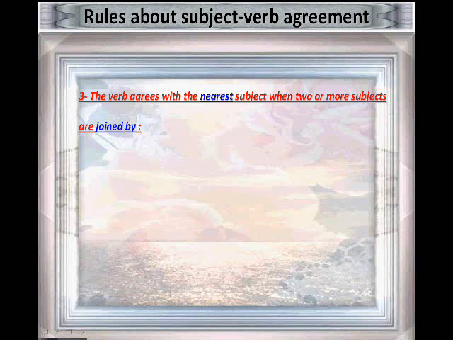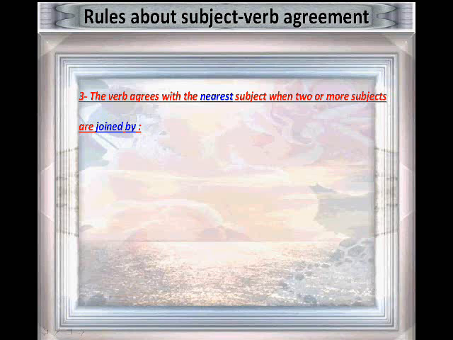Another rule is that the verb agrees with the nearest subject when two or more subjects are joined by or. So be careful, the key word here is the word nearest. Okay, the nearest subject.